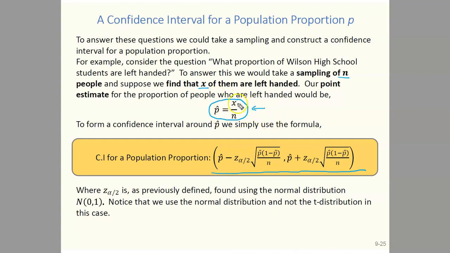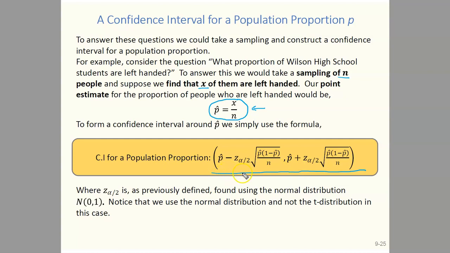And from this number, you construct this confidence interval that we have listed here. So you take p hat plus and minus z alpha over 2 times the square root of p hat times 1 minus p hat divided by n. That's the formula that you use, where the z alpha over 2 is, as we constructed before, your cutoff corresponding to a significance level of alpha that you want for your confidence interval.